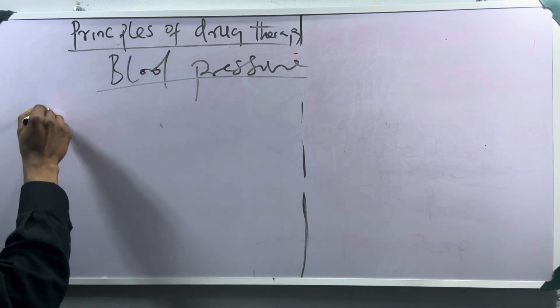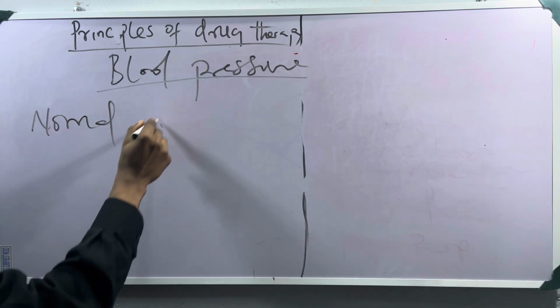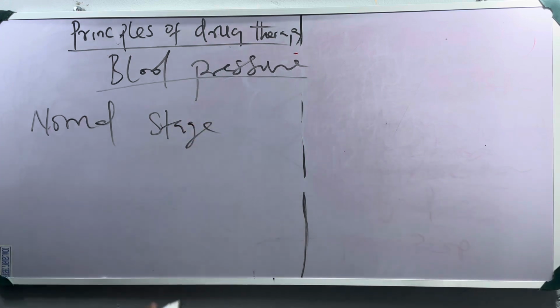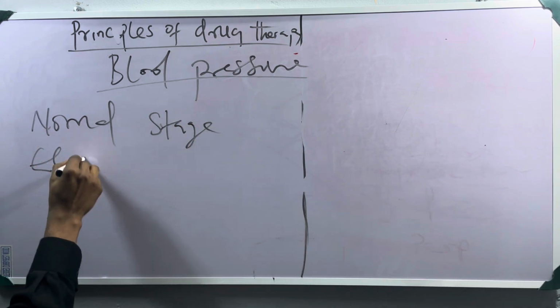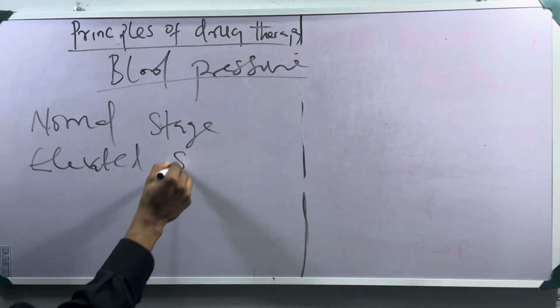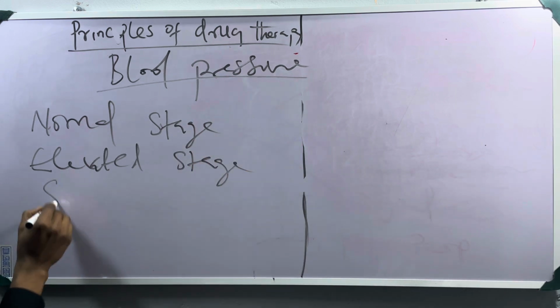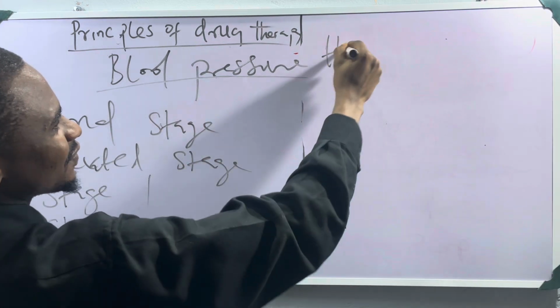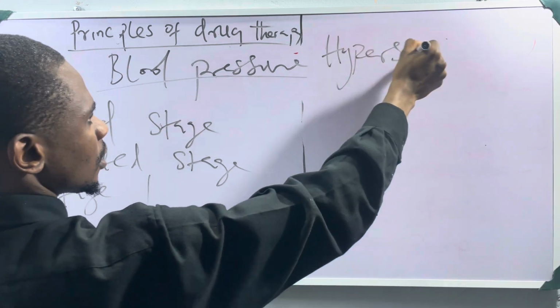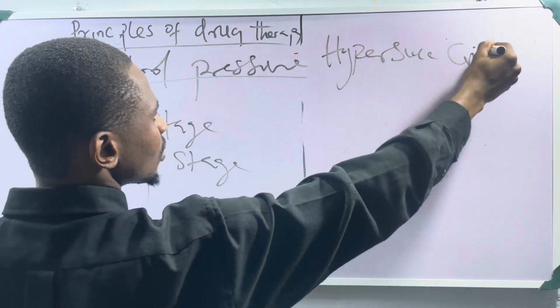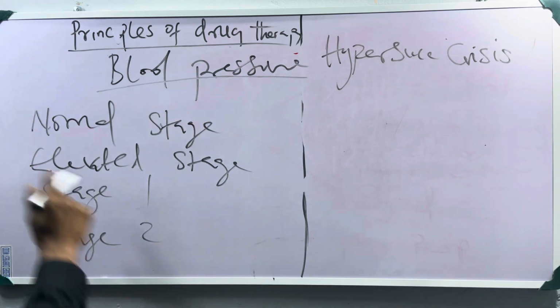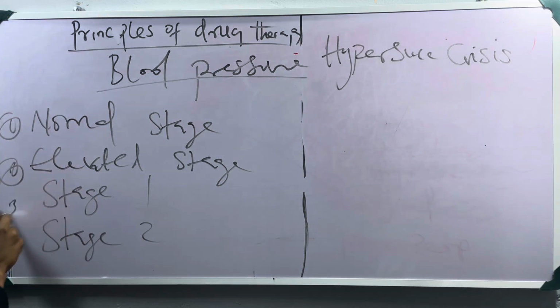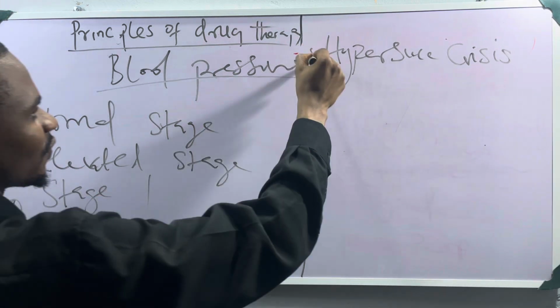We have the normal stage, the elevated stage, stage 1, stage 2, and the last one, hypertensive crisis. So these are the 5 stages of hypertension. 1, 2, 3, 4, 5.